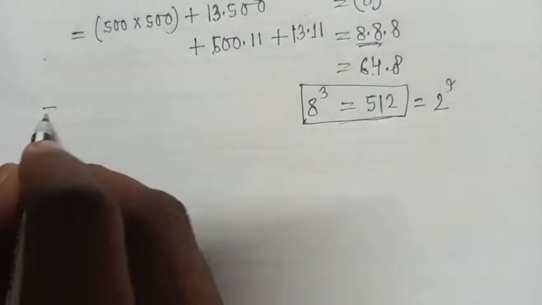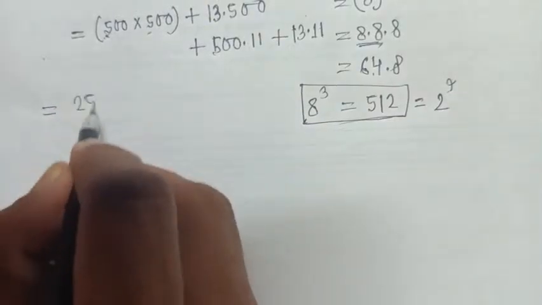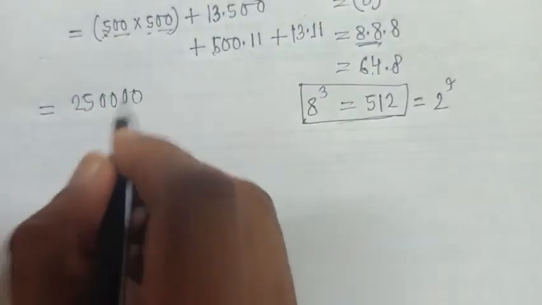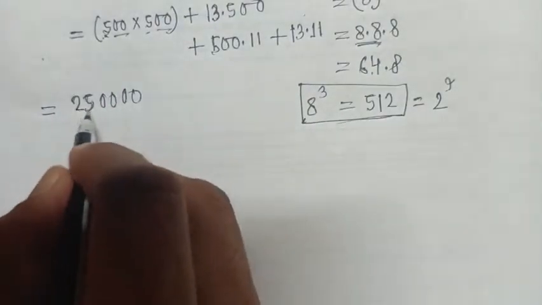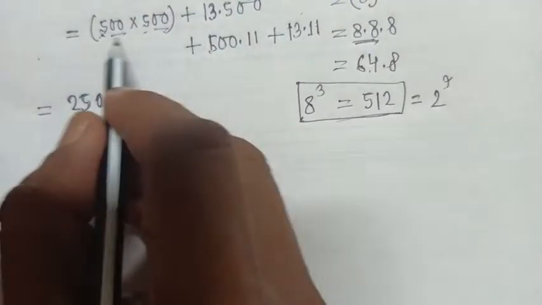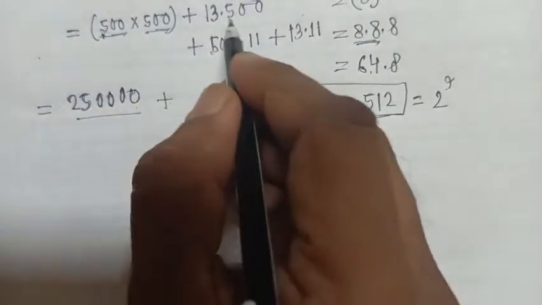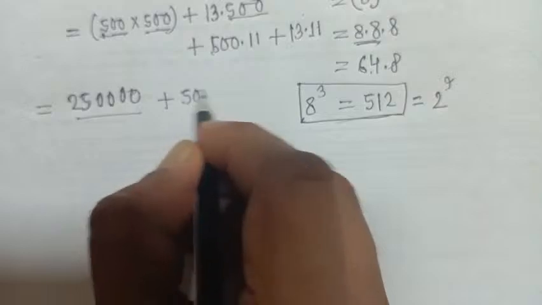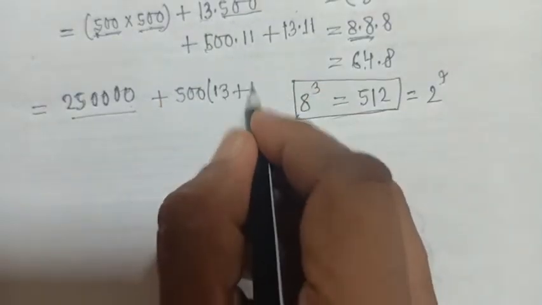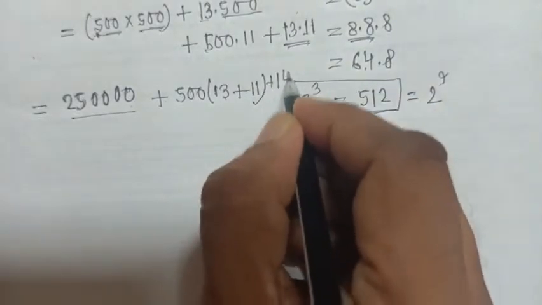If we multiply 5 by 5, that is 25, and beside this two 0s and two 0s, so this will be 250000. Now if we take 500 common, we get 13 minus 11, and the multiplication 13 into 11 gives 143.